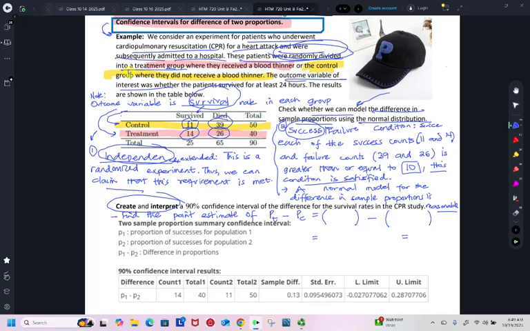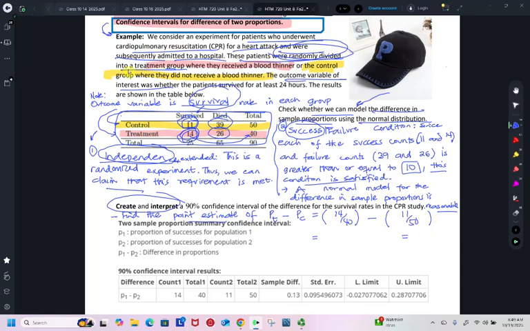The next step would be to find a reasonable estimate based on the sample data that has been summarized here. I would like to compare the proportion of survival in the treatment group, which is 14 out of 40, to the proportion of survival in the control group, which is 11 out of 50.